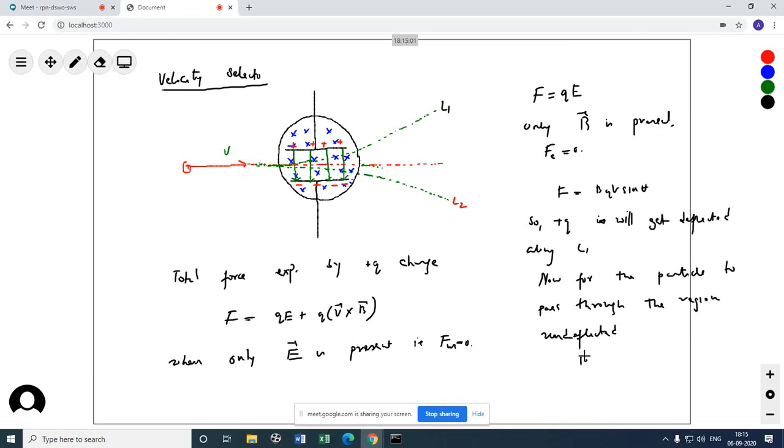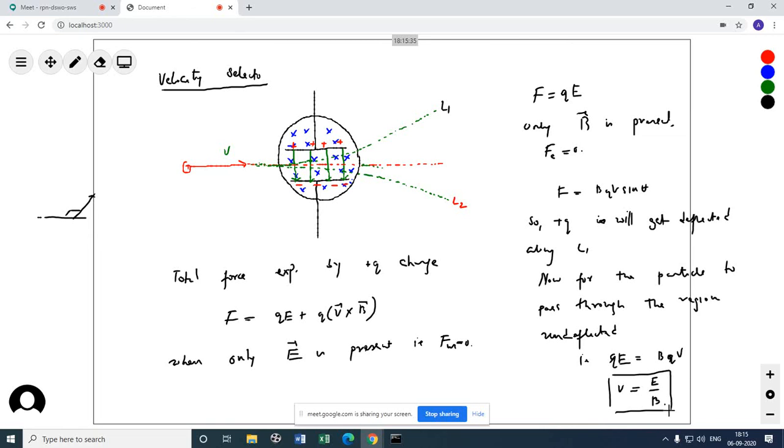That means qE must be equal to BqV. Definitely theta is 90 degrees always, because you can see this is the magnetic field and this is the charged particle. The angle between them is always 90 degrees, since the magnetic field is going into the plane of the paper and V is coming from left to right. So qE must be equal to BqV, so the velocity of the charged particle must be E by B.